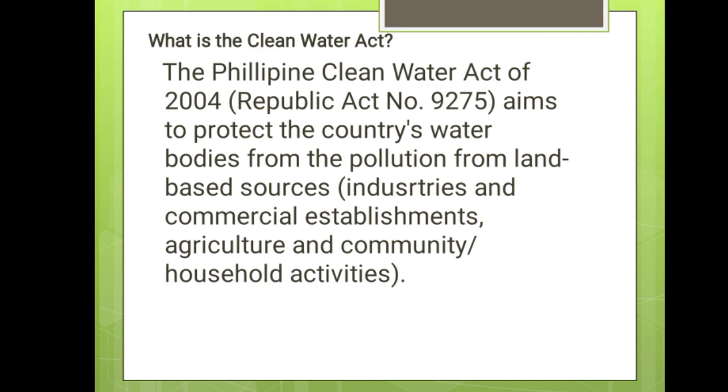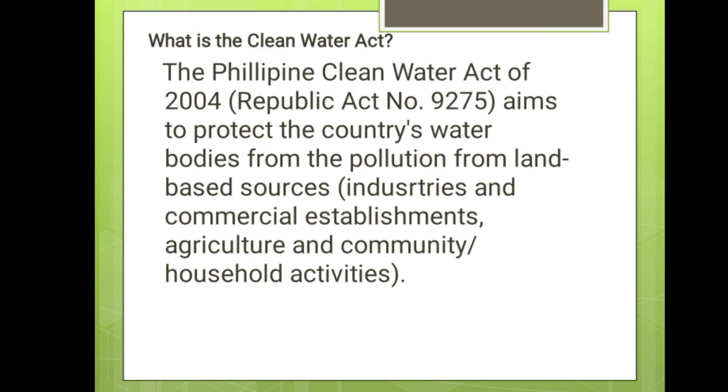Ito yung mga industries and commercial establishments, agriculture, and community/households activities. It provides for a comprehensive and integrated strategy to prevent and minimize pollution through a multi-sectoral and participatory approach involving all the stakeholders.